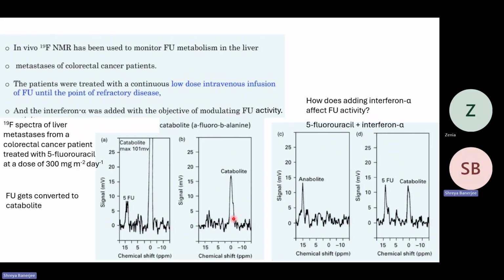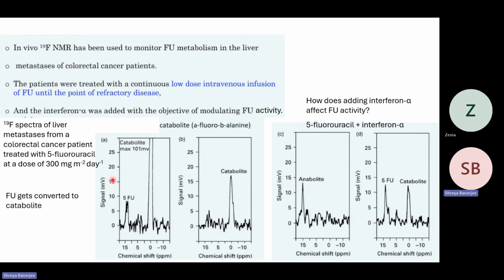Now, if something else is added that is interfering with the fluorouracil activity, then in that case, even after 10 hours, there is enough of a concentration of fluorouracil. So that is reducing the metabolism of fluorouracil. So suppose in a patient, you need a very acute dosage.